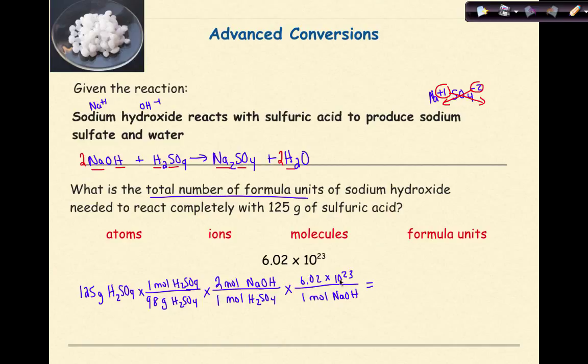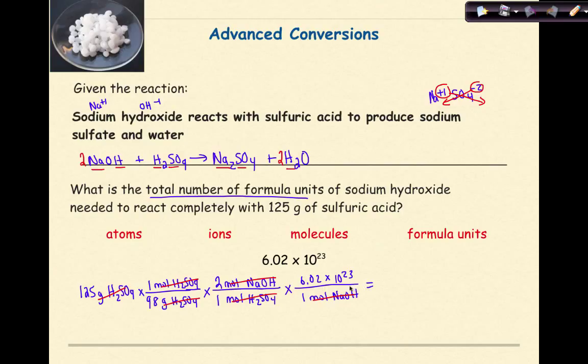So yet again, I take a moment and make sure that I have this balanced correctly. Grams of sulfuric acid cancels grams of sulfuric acid. Moles of sulfuric acid cancels moles of sulfuric acid. Moles of sodium hydroxide cancels moles of sodium hydroxide. And I am left with formula units of sodium hydroxide.